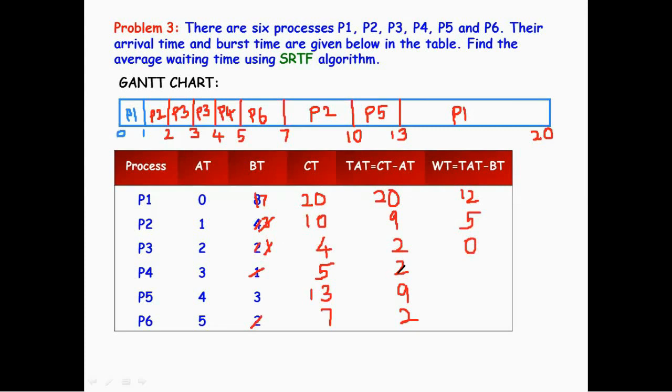For P4, 2 minus 1 is 1. For P5, 9 minus 3 is 6. And finally for P6, 2 minus 2 is 0.